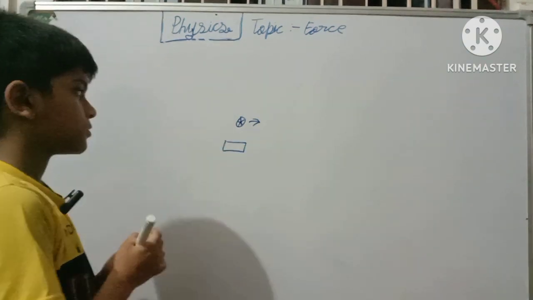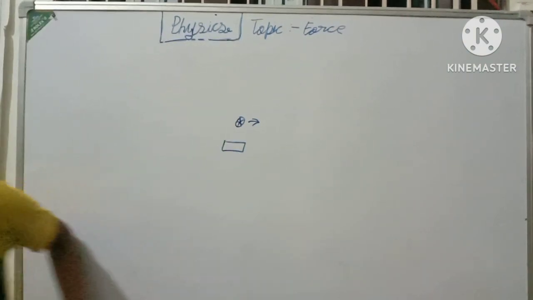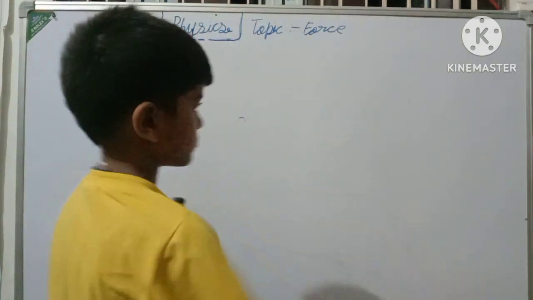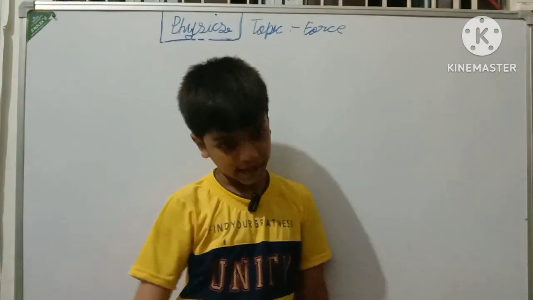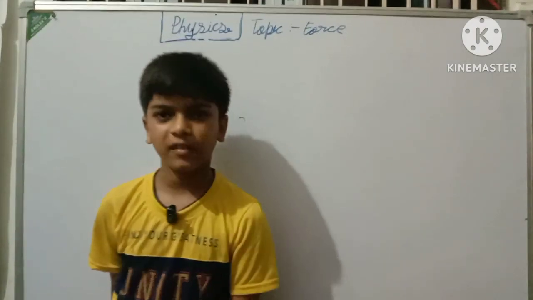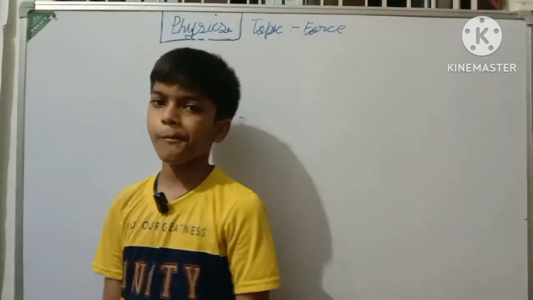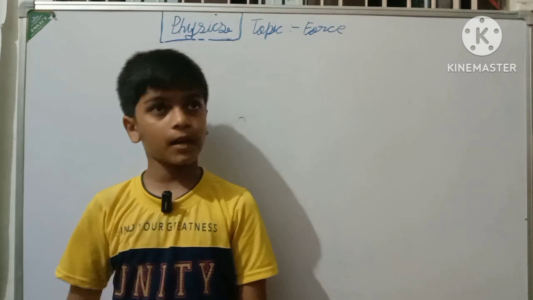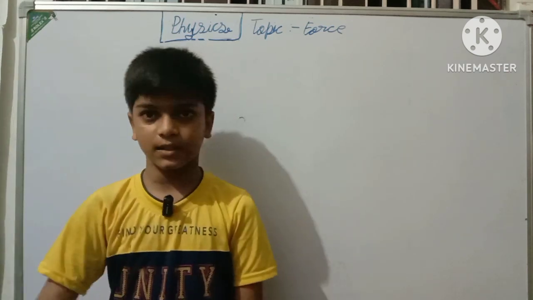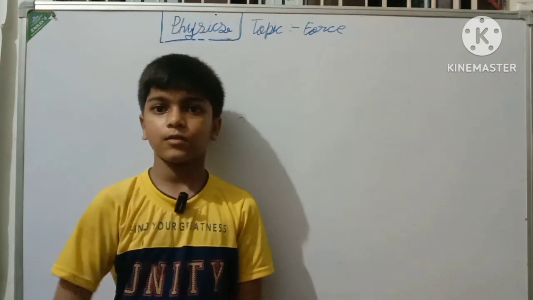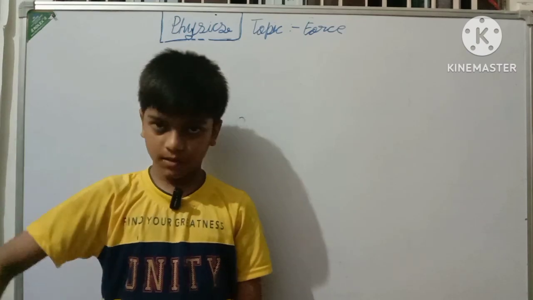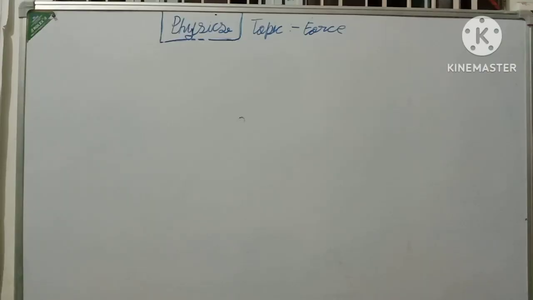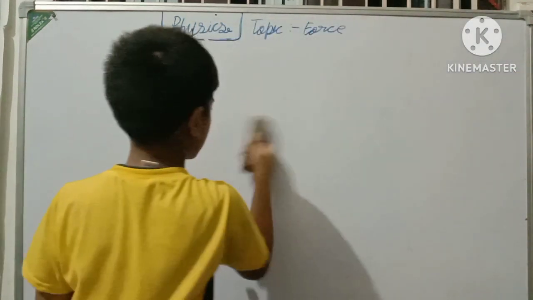Okay. Option D. Static friction is greater than the sliding friction. That's correct. Option B. Sliding friction is less than the rolling friction. Sliding friction is no less. Sliding friction is more than the rolling friction. Yes, it's incorrect. Static friction is greater than sliding friction. That's correct. So the answer is B.